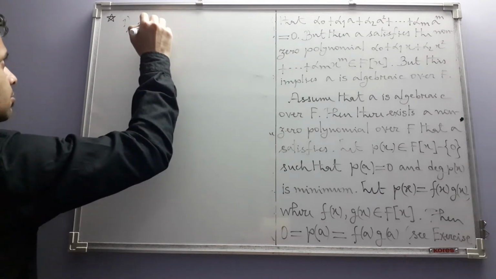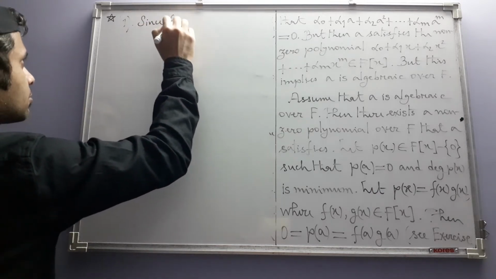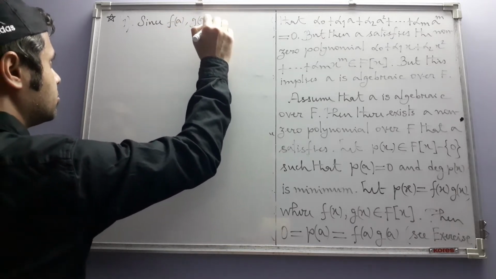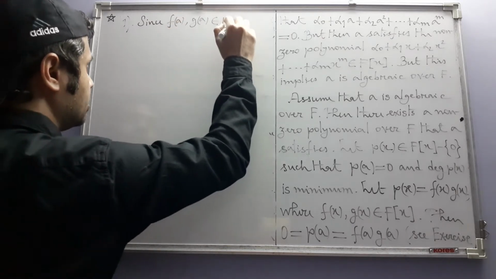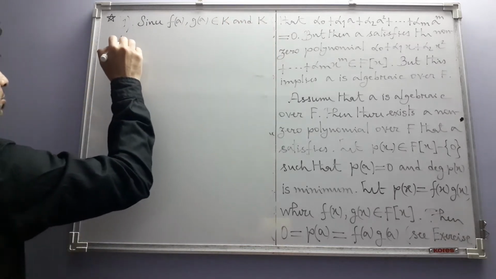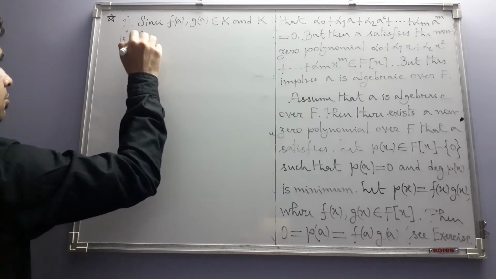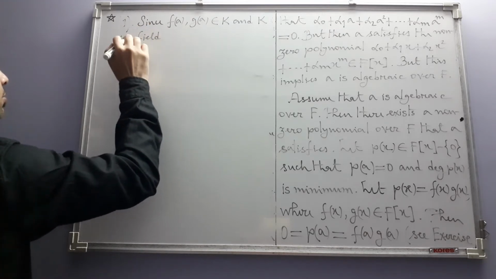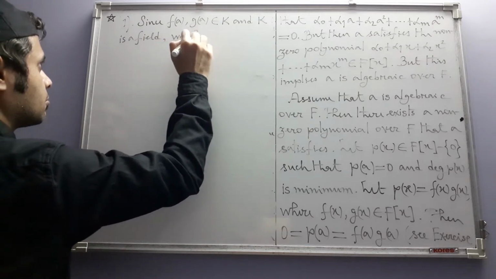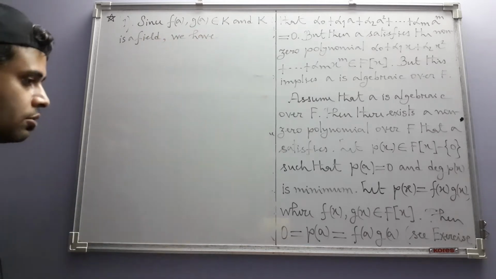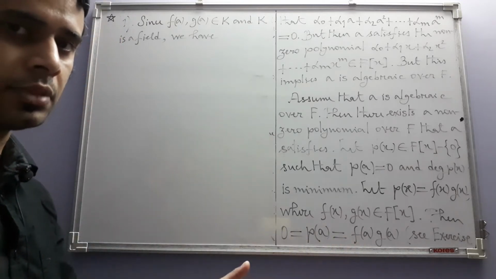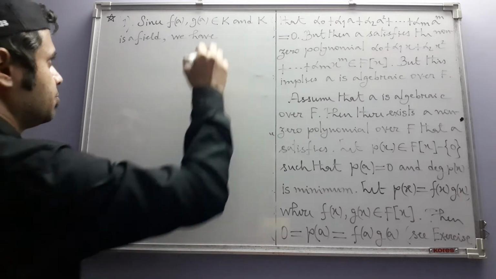Since Fa and Ga are elements in K and K is a field, the product of two field elements is 0, so at least one of them should be 0.